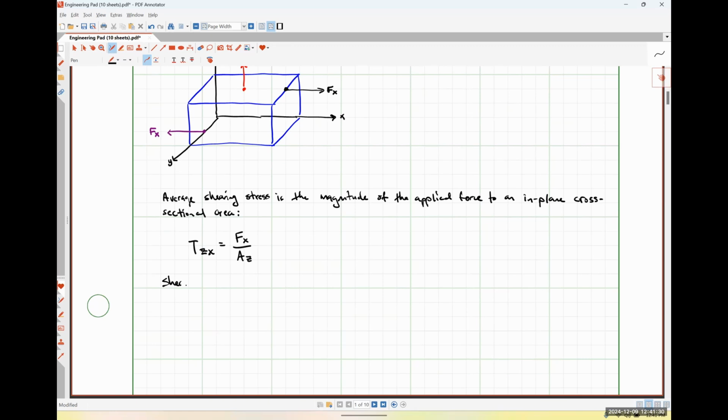And I have a note here that shearing stress is not uniformly distributed over the area that the force is applied to. So those are the two types of stresses that we are most likely to see.